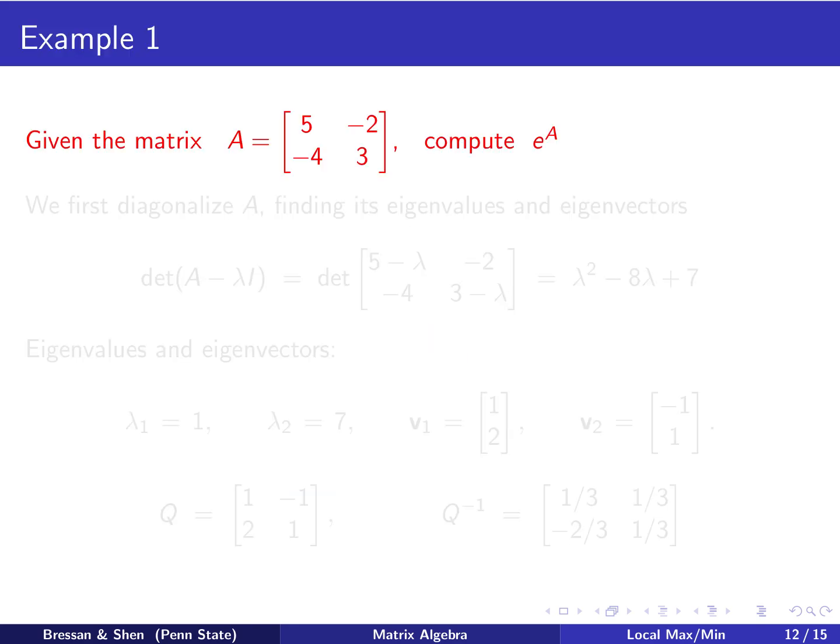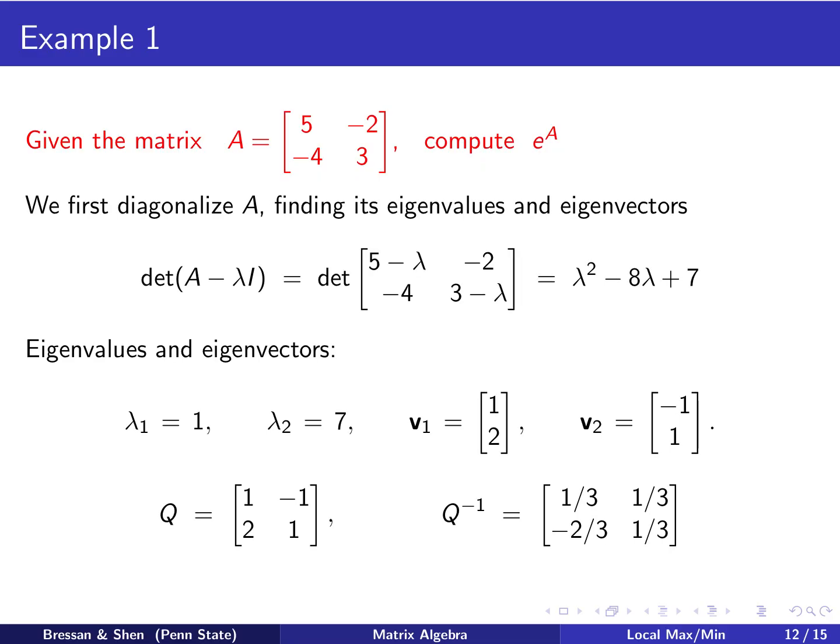We now take some examples. First example, we will compute the exponential of a matrix A. A is this 2 by 2 matrix, and we want to compute e to the A. Step 1 is to diagonalize A, and there you need to find the eigenvalues and the eigenvectors.